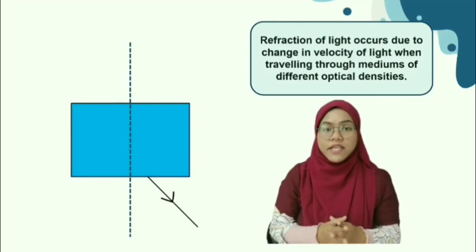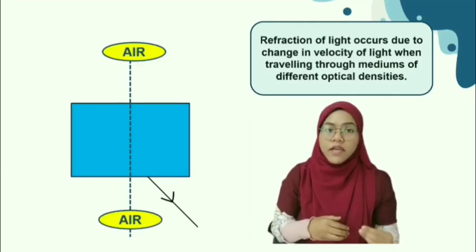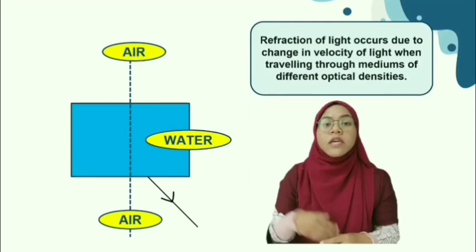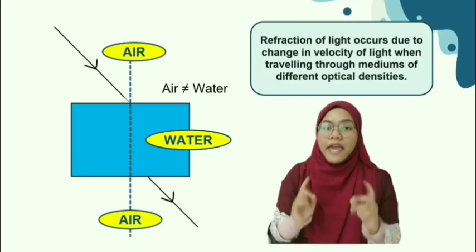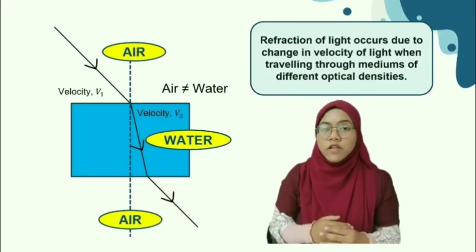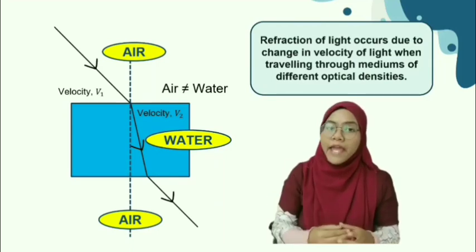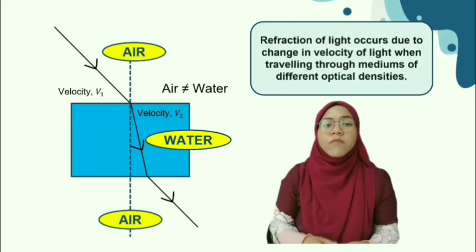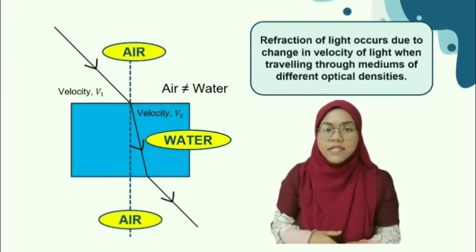Looking at this diagram, this area represents the air and this area represents the water. Air and water have different optical density. Hence, when light travels from air to water, the velocity of light will change, causing the light rays to bend from the normal line.